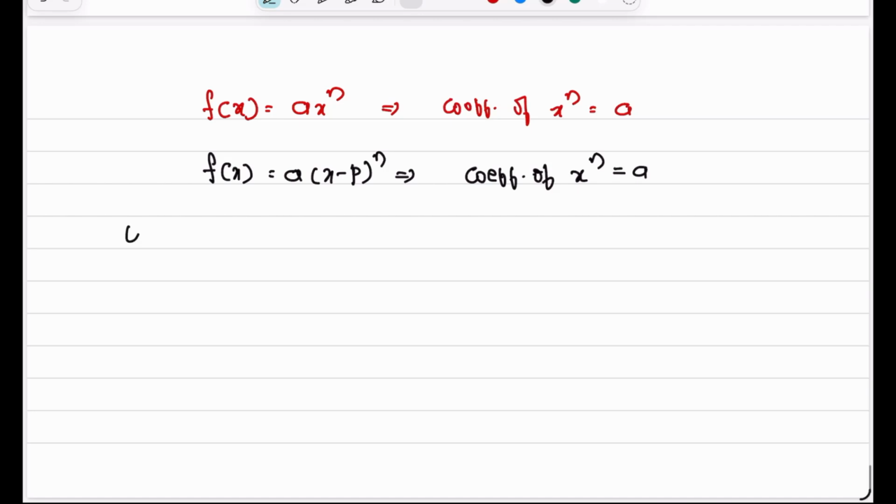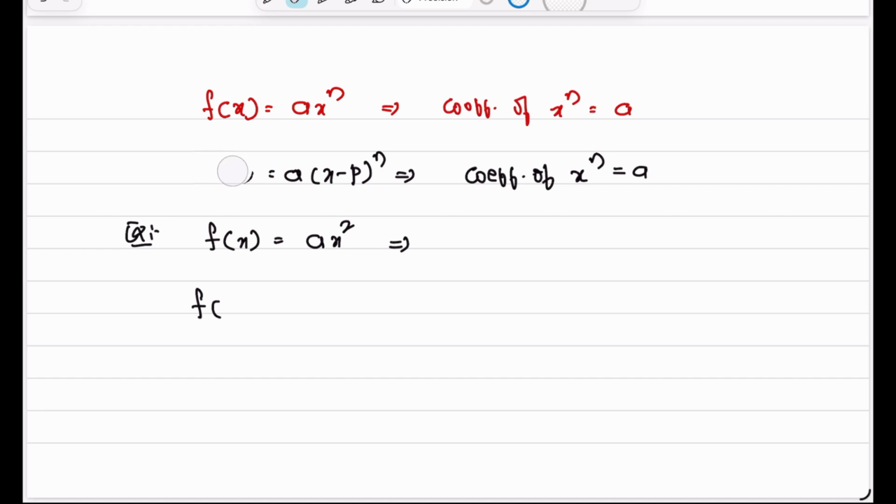Example, f(x) = ax². That implies f(x − p).